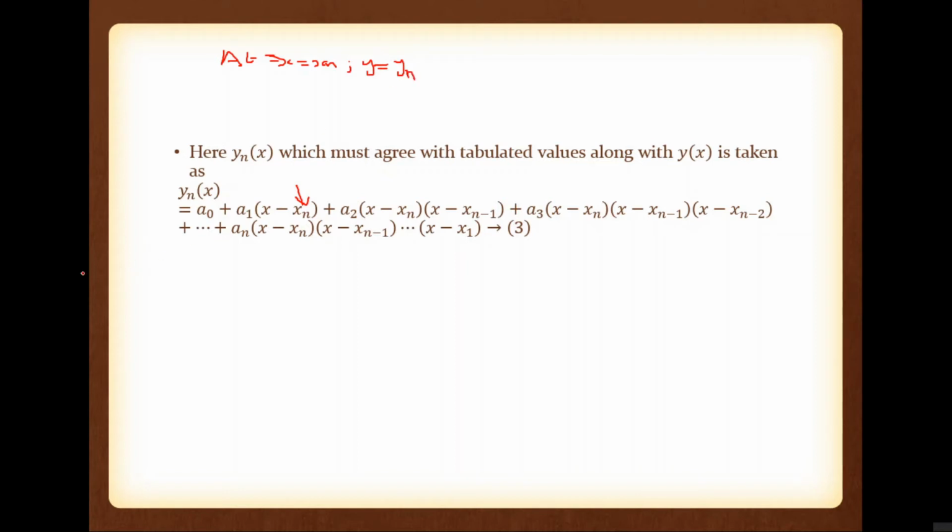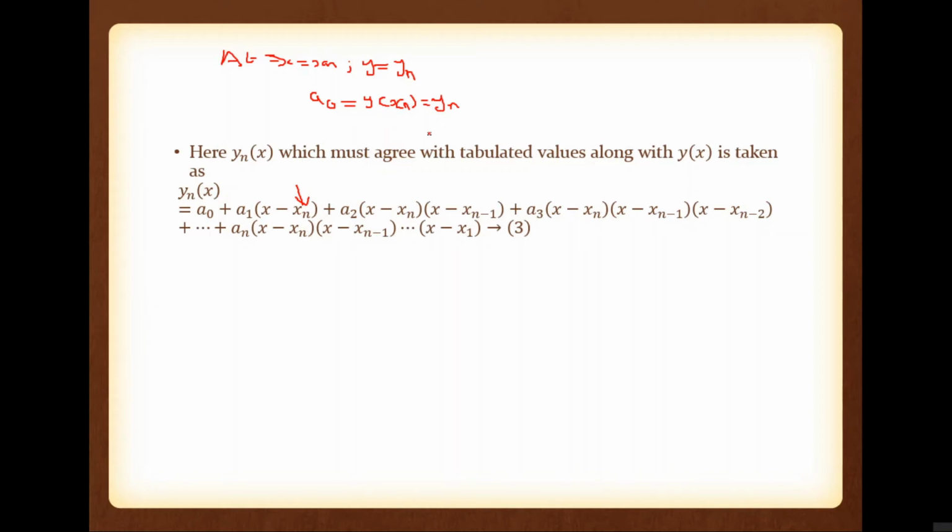Now if we substitute xn into this equation, then, since yn of x is exactly equal to y of x, a0 is equal to y of xn, that is equal to yn. So a0 equals yn. Now, what will be a1?